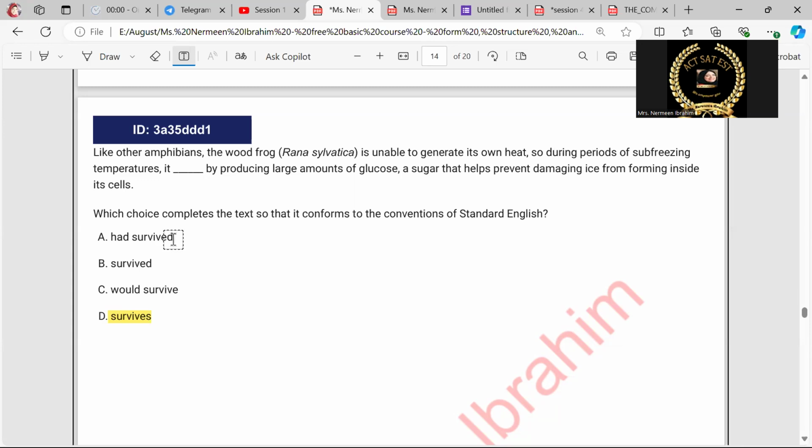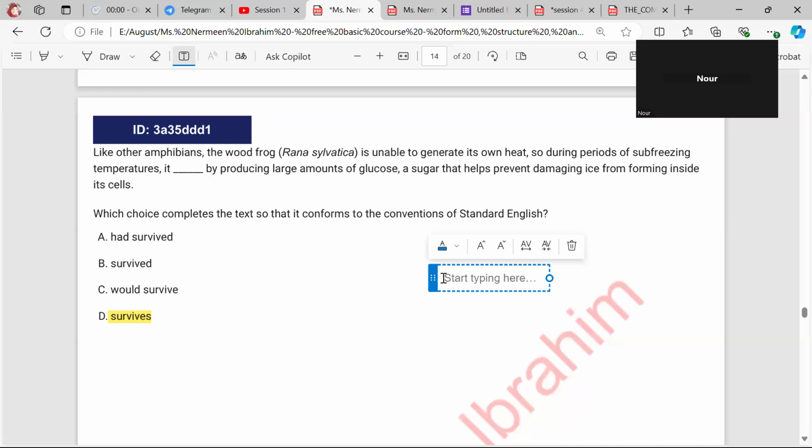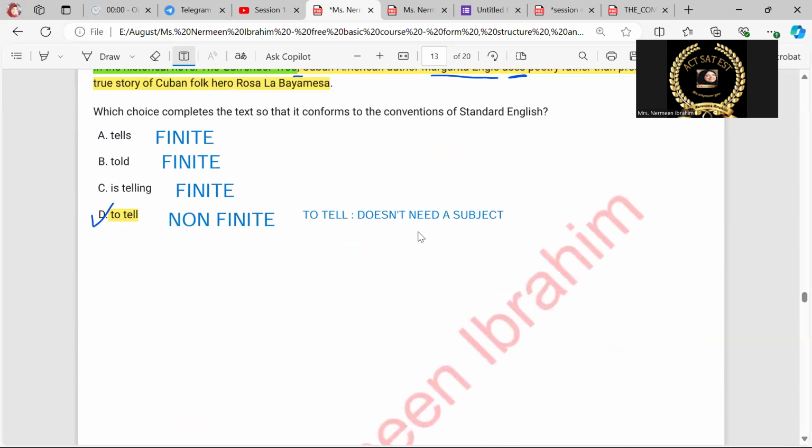Do you recognize that we have 3 past and 1 present? Sometimes the 3 to 1 works also with what? With verb tense. Sometimes 3 to 1 works with finite and non-finite, right? Does this always work?